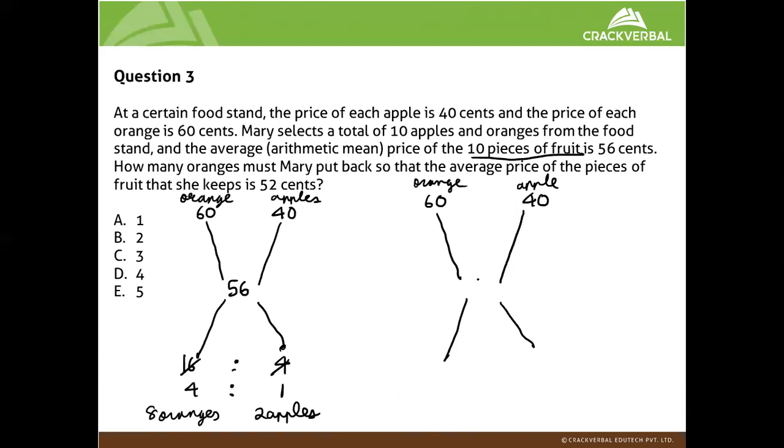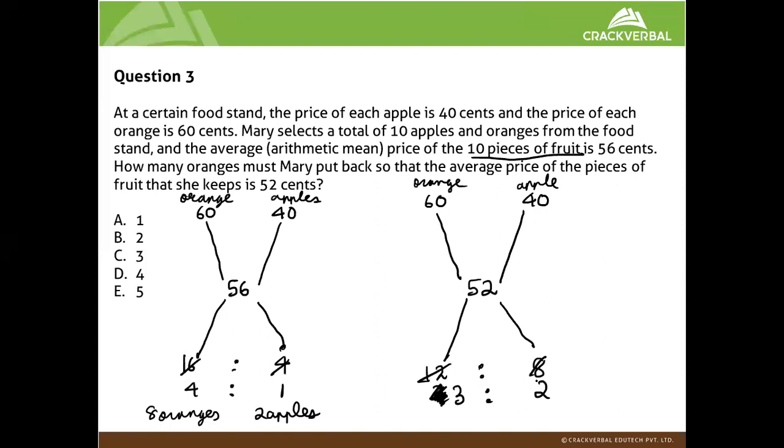But I want the average to reduce to 52 cents. So the new ratio of apples to oranges is 60 minus 52, which is 8, and 52 minus 40, which is 12. So 4 2s are 8, 4 3s are 12. So the ratio of apples to oranges clearly here is 3:2.